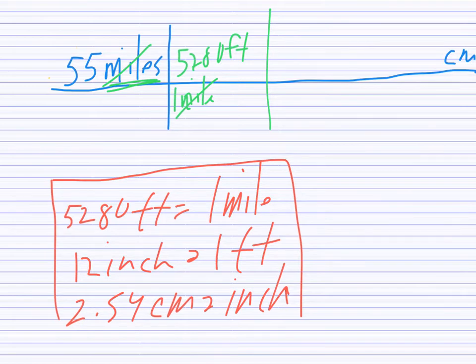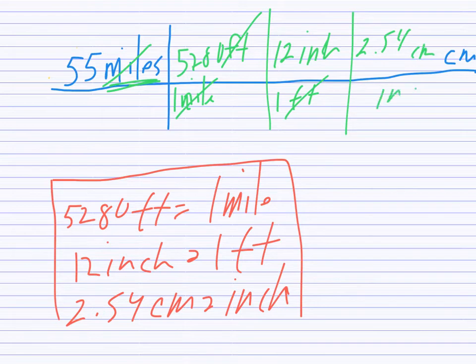My next step, I could put 1 foot on the bottom and 12 inches on top. And again, by multiplying by this fraction, I can get rid of the units of feet, and now I'm in units of inches.